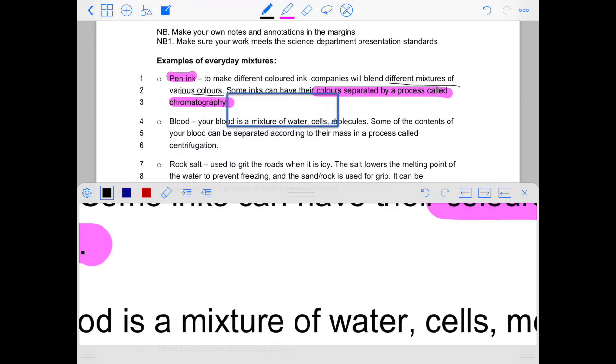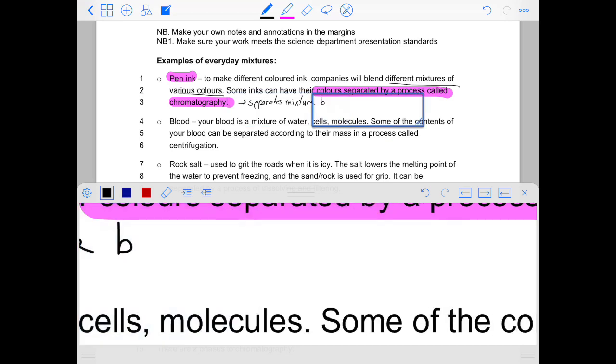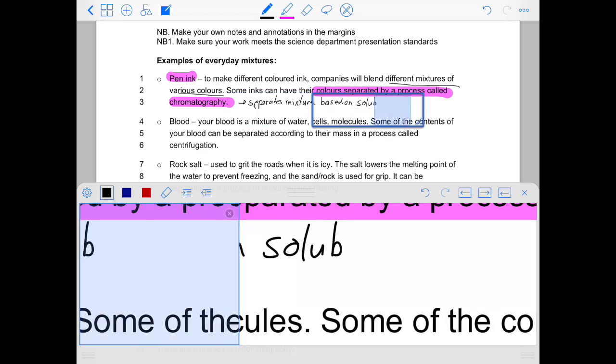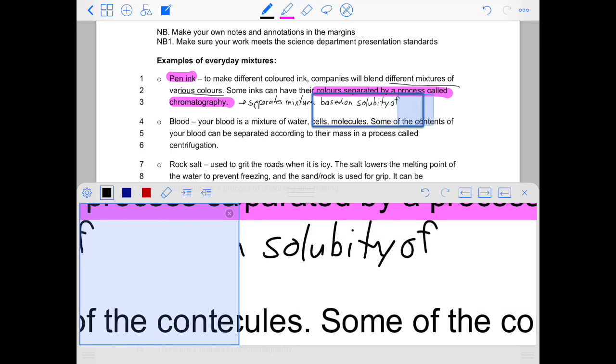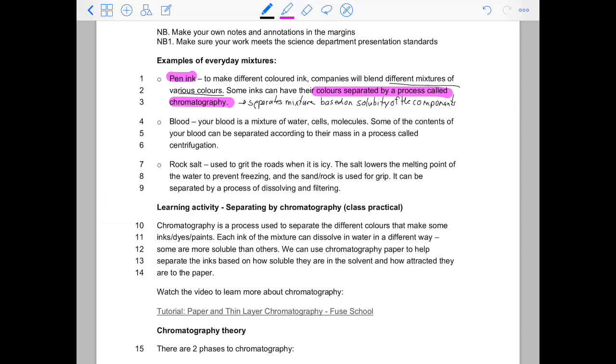So chromatography separates colors or any mixture based on the solubility of the components of that mixture. For example, if one thing is a lot more soluble in a liquid than the other, it will move faster, and we'll look more at that in a little bit.